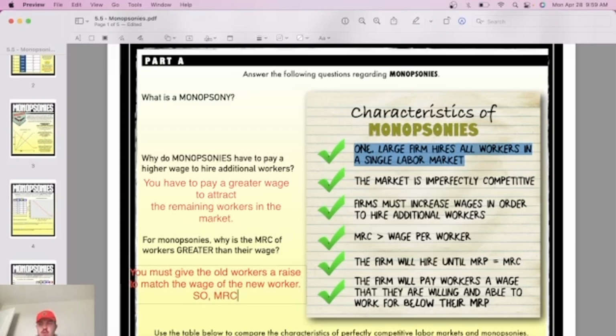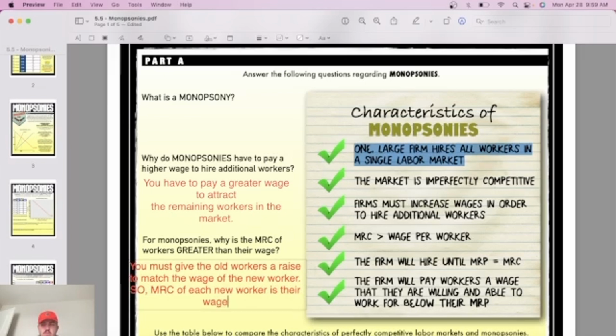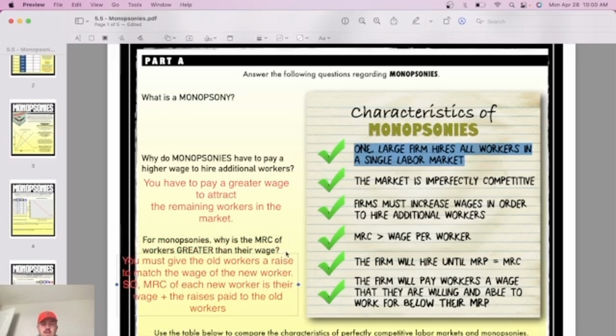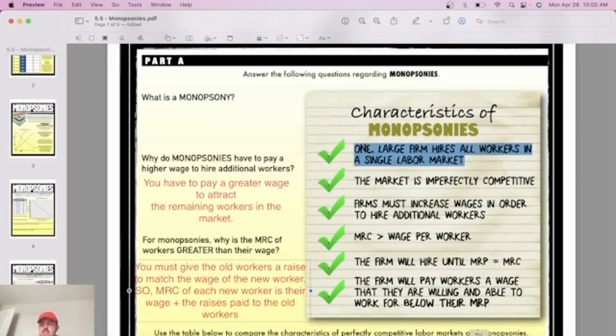So, MRC of each new worker is their wage plus the raises paid to the old workers. Okay, I will show you what I mean by that when we get to the questions that it's asking about.